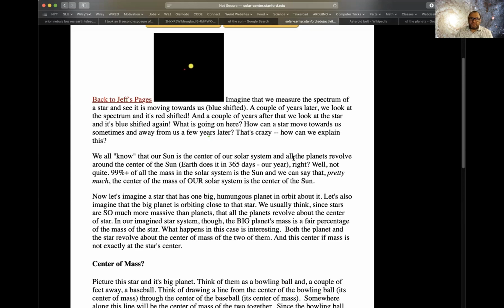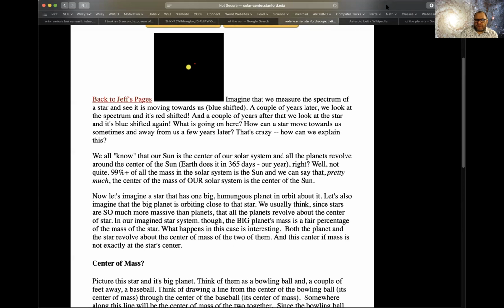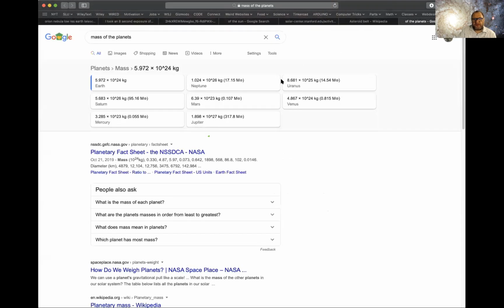Now, I wanted to look at what the shift would be due to other planets. And so I have on the webpage here a list of the mass of all of the planets in our solar system. And we see that, let's look at Jupiter here.